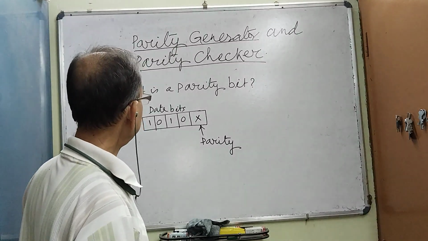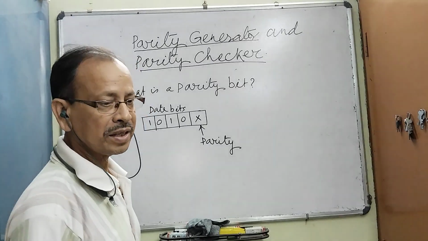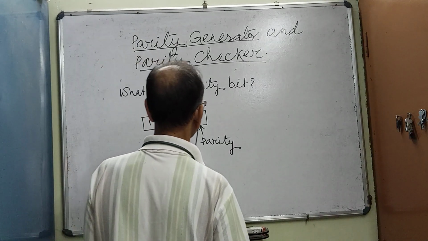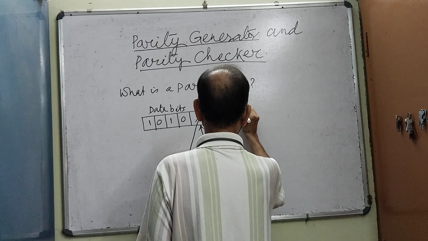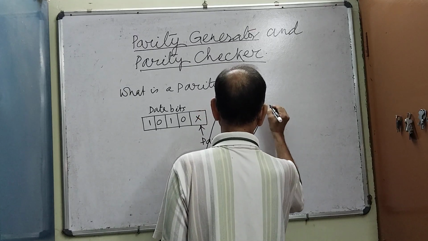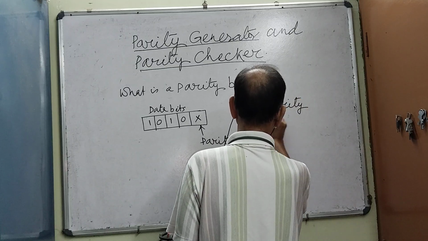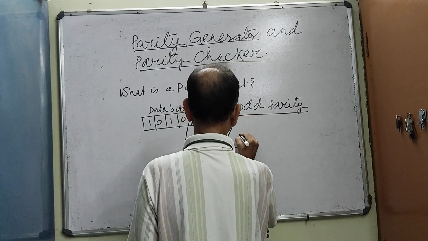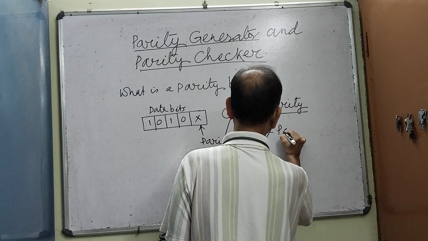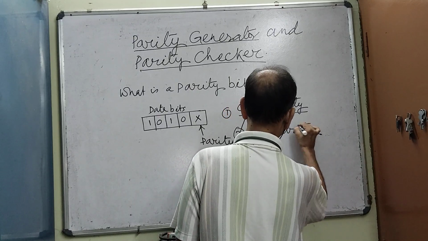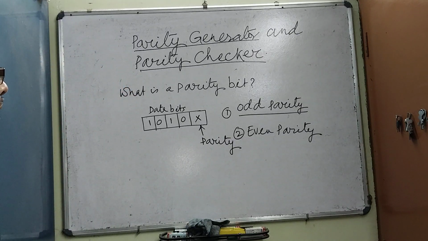Now parity is of two types. One is the odd parity and the other is the even parity. So what is the meaning of odd parity and even parity?